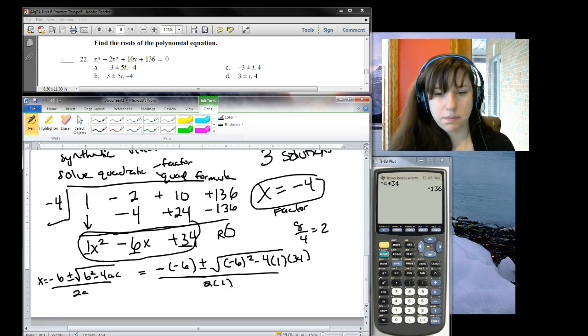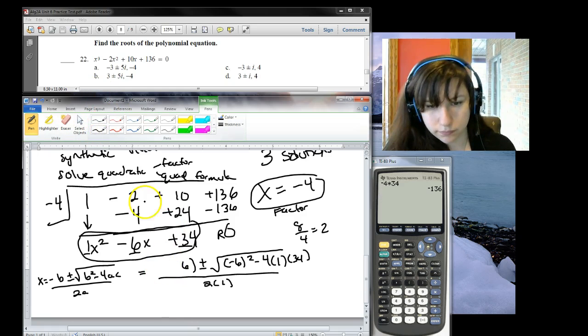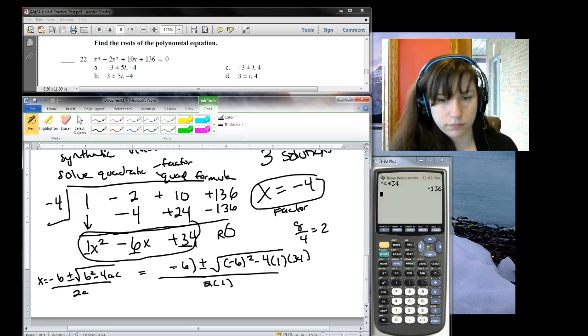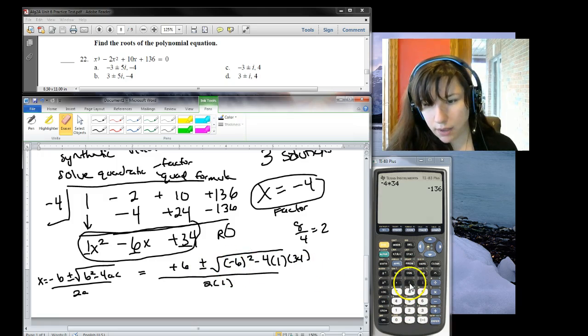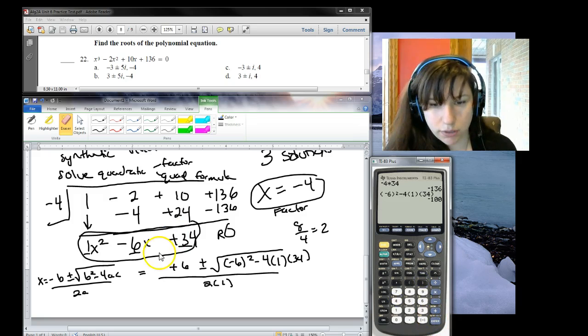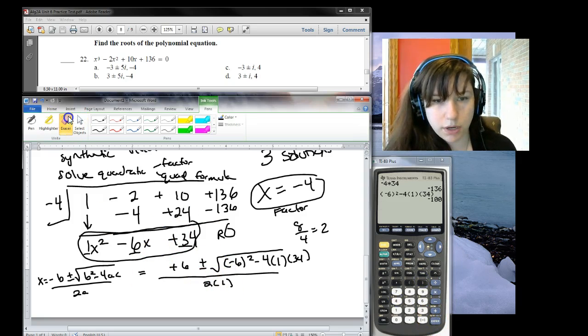Okay, then we're going to simplify. -6 is just +6. All this I can do at one time. -6 squared minus 4 times A times C. -100. And 2 times 1 is just 2.